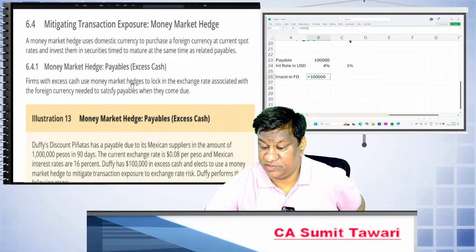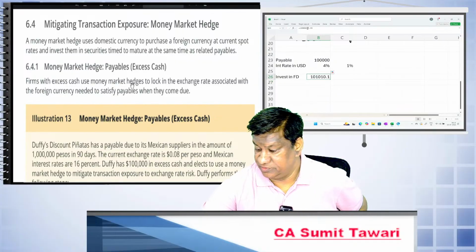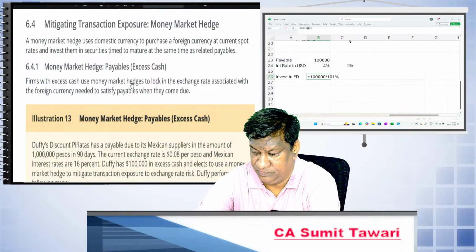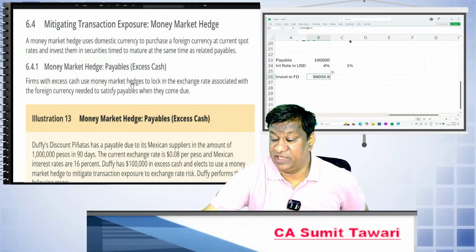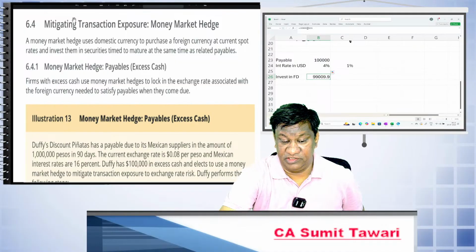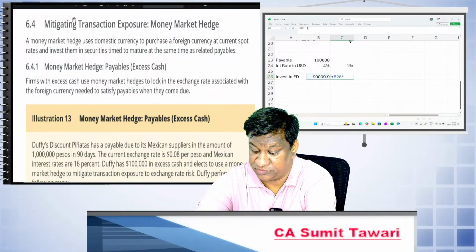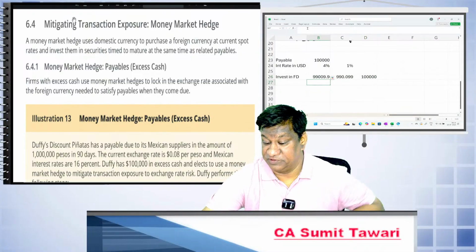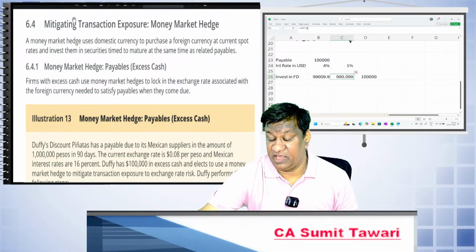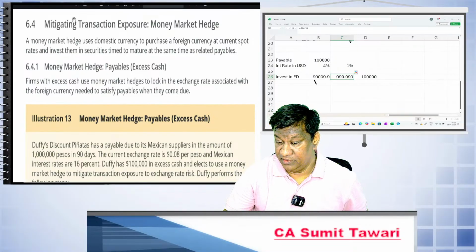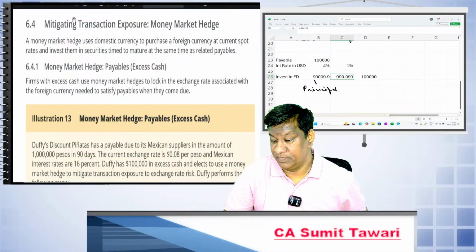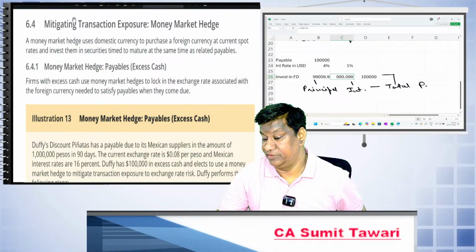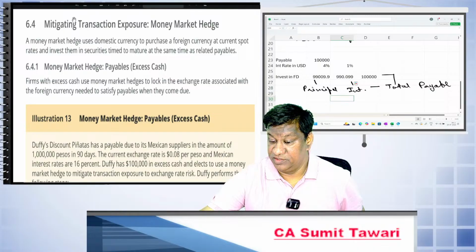It is basically 100,000 divided by 1.01. So it is about 99,000 I need to invest, so that at the end of the quarter the interest I receive for 3 months is 1%. My total amount is 100,000. This is my principal investment in an FD, and I get the interest. This is principal, this is interest, and that is my total payable after 3 months. Clear?